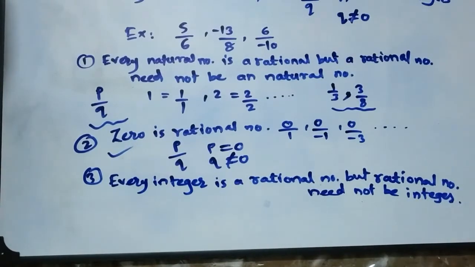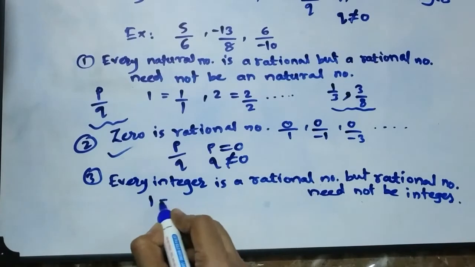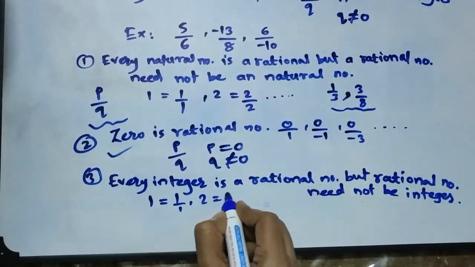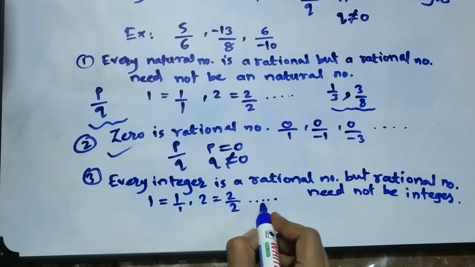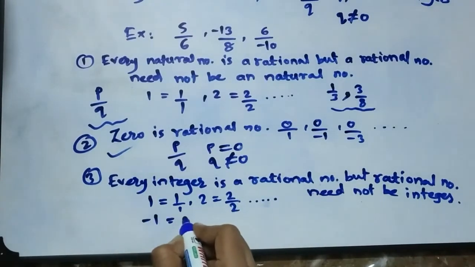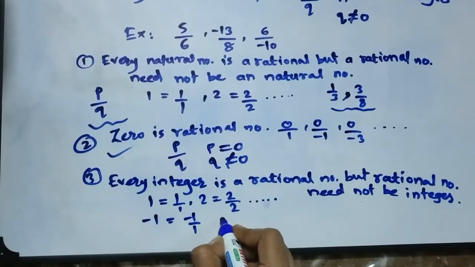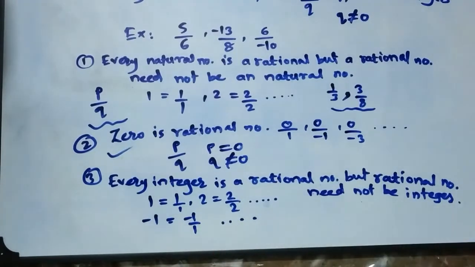We know that 1 I can write as 1 by 1, 2 I can write as 2 by 2, and even minus 1 as minus 1 upon 1. So you can write it like this.